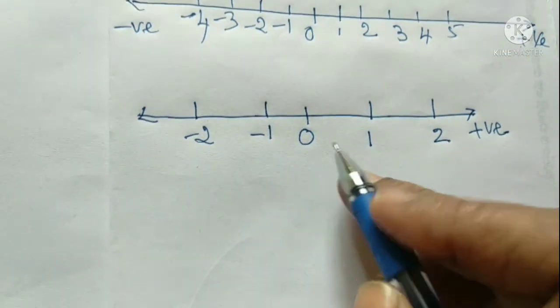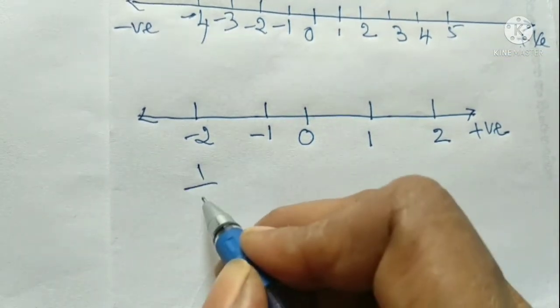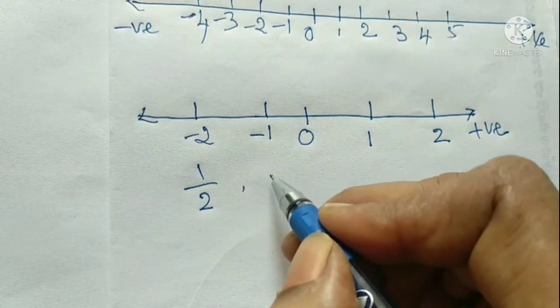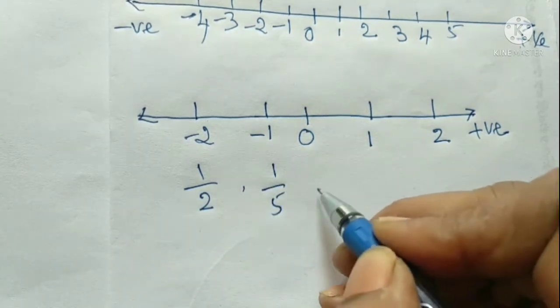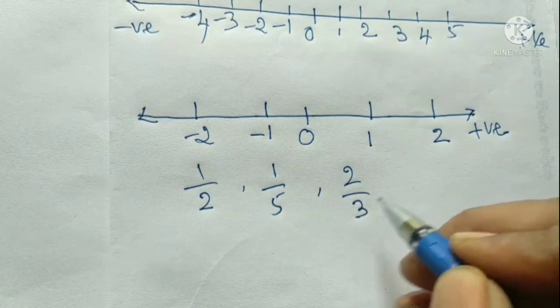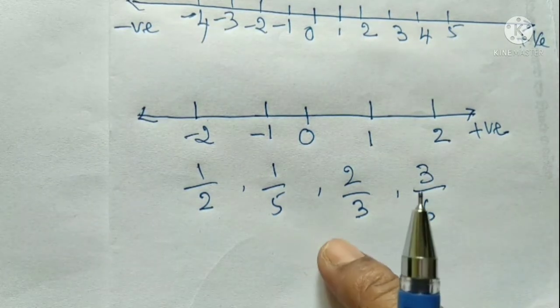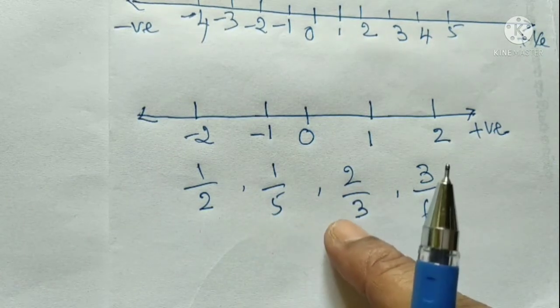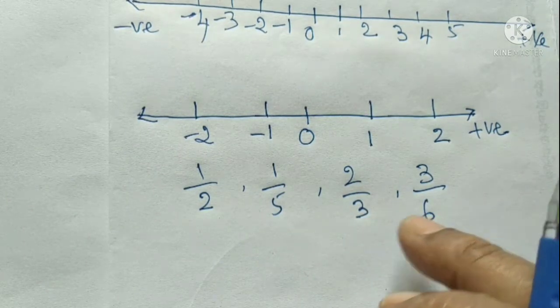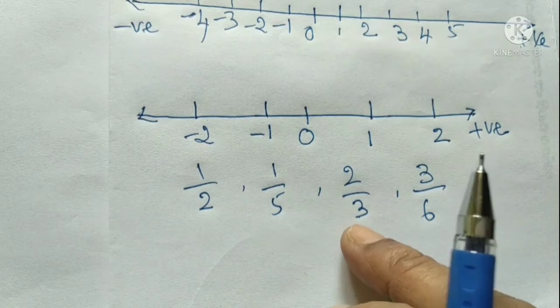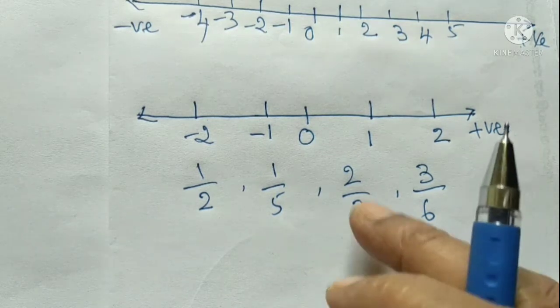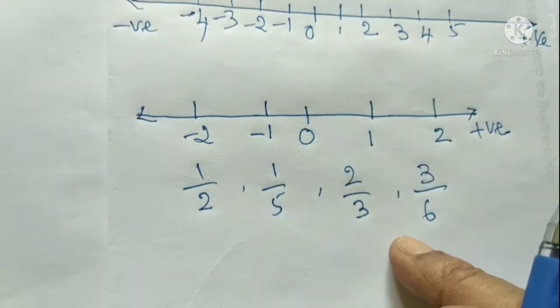Let us consider 1 by 2 or 1 by 5 or 2 by 3 or 3 by 6, such numbers. These numbers are also numbers only, but these are not natural numbers.